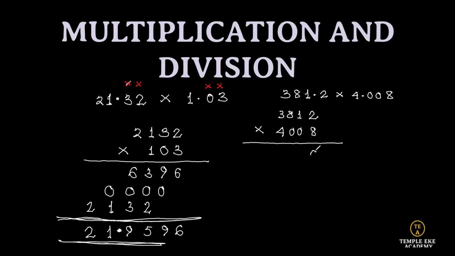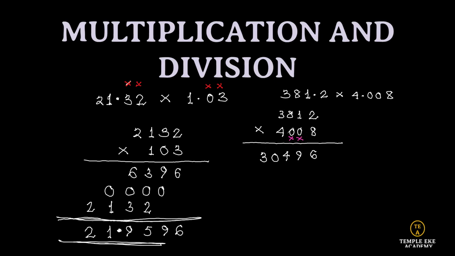Let's write 6 and spill over the 1 to the next result. 8 times 1 is 8, plus the incoming 1, that's 9. 8 times 8, 64. 4, we take 6 over. 8 times 3, 24. 24 plus 6, and that's 30. So we can write 30. Now, these 2 zeros are insignificant in the multiplication process. We're going to bypass writing them.